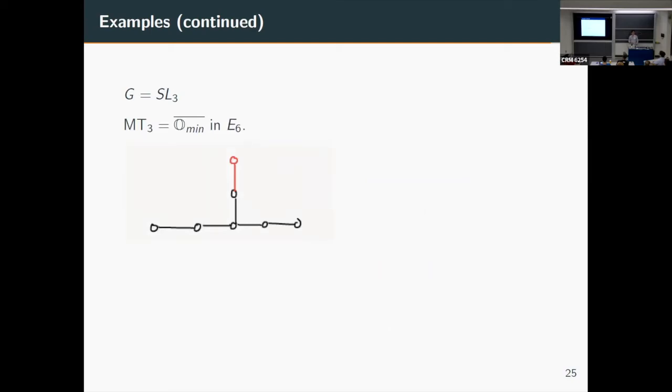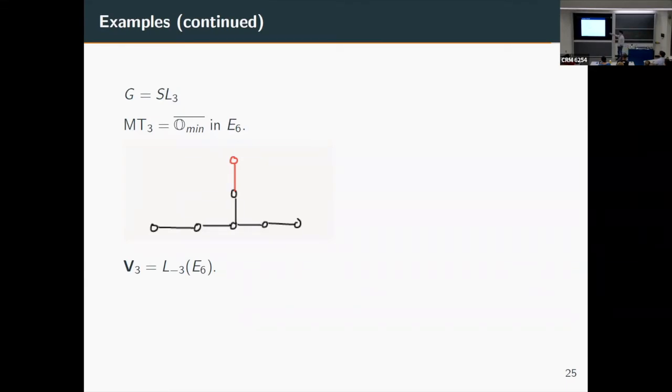the Moore-Tachikawa variety for three punctures is the minimal nilpotent orbit closure in E6, where you find three commuting actions of SL3 on the affine Dynkin diagram, and the corresponding vertex operator algebra is the affine vertex operator algebra associated with E6 at level -3.